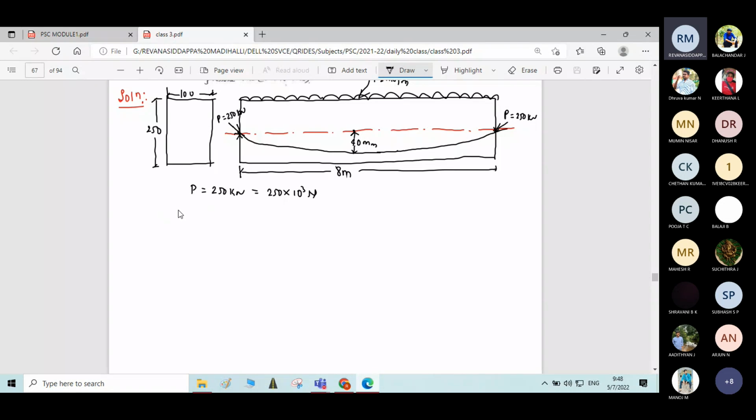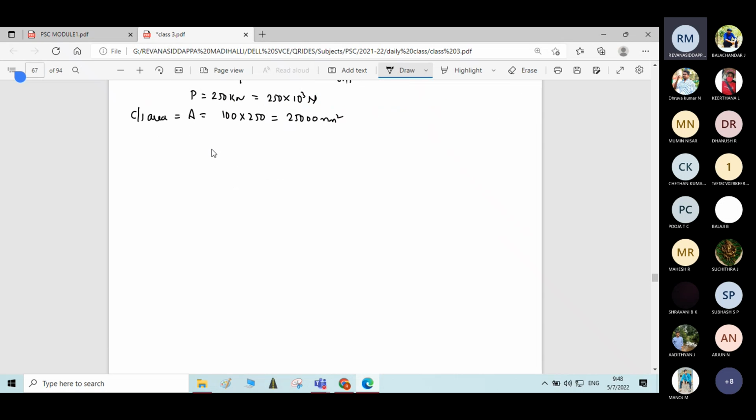First, we calculate the cross-sectional area. A is equal to 100 by 250. So you'll get 25,000 mm square cross-sectional area. Then moment of inertia you can calculate.